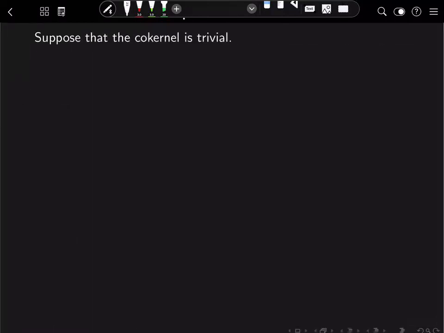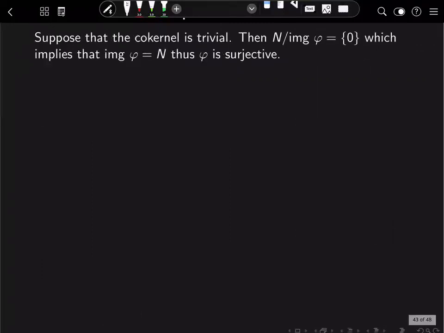Now, next we're going to suppose that the cokernel is trivial. Then N mod the image of phi is equal to 0, which implies that the image of phi is equal to N, because that's the only way this could happen, which implies that phi is surjective.